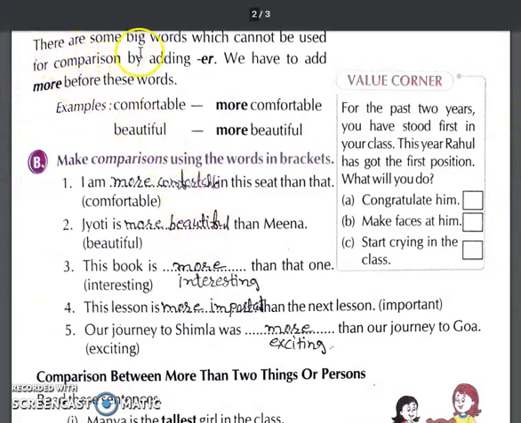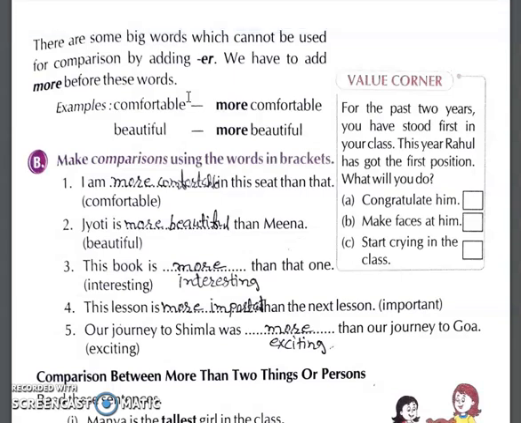There are some big words which cannot be used for comparison by adding ER. We have to add more before these words. Now some words are there that we cannot use adding ER. कुछ words ऐसे होते हैं जिसमें हम ER ऐड करके नहीं लिख सकते, तो उसके लिए वो एडजेक्टिव के आगे हम more ऐड करेंगे.